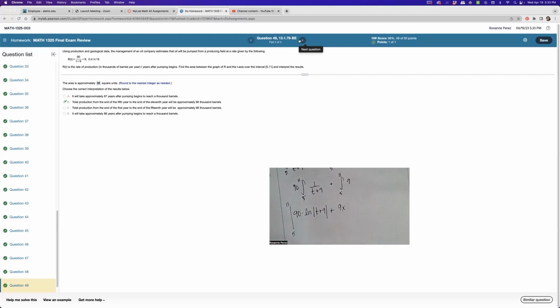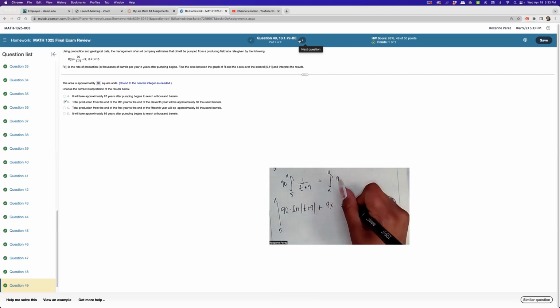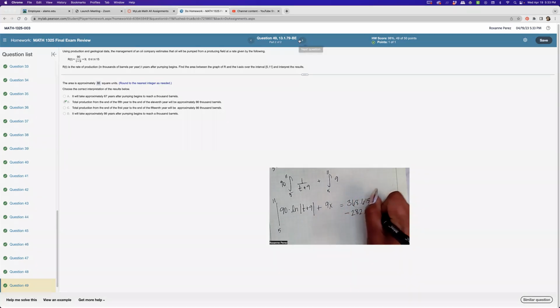Okay, so when I do that, I'm honestly just going to put this in the calculator and then evaluate at 5, evaluate at 11, and that's going to give me 368.6159 minus 282.51516, which equals 86.10074. We're rounding to 86.